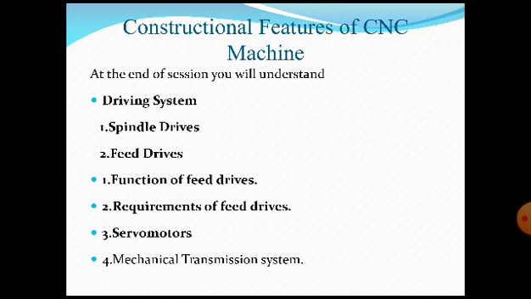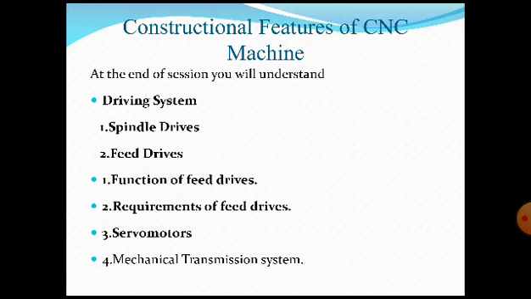When the work table of a CNC machine tool is to be positioned in the X direction or the Y direction, we need to see that it is positioned accurately with the help of a certain mechanism or arrangement through which we convert the rotary motion of the motor into linear motion of the table.